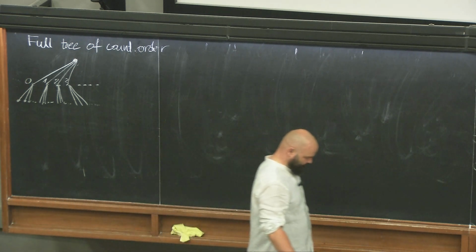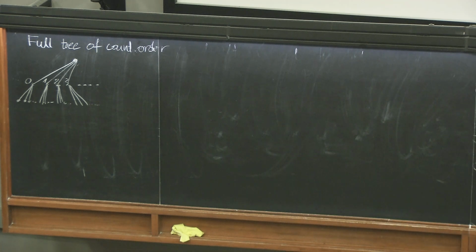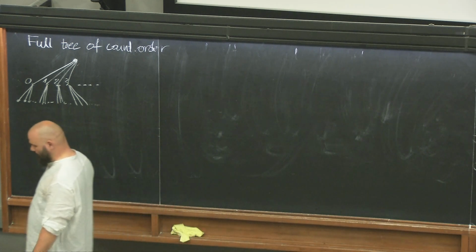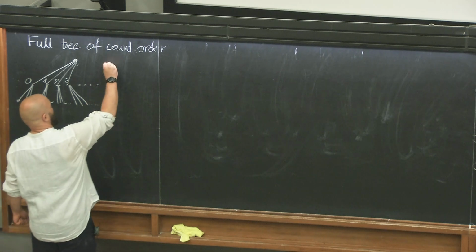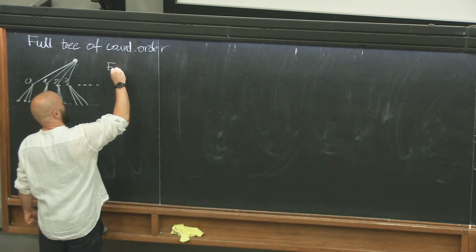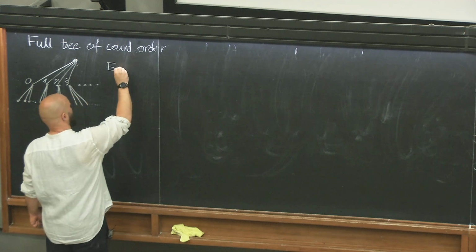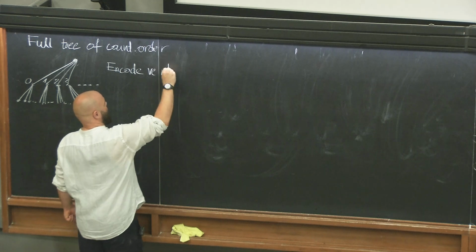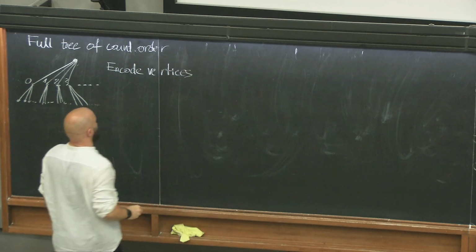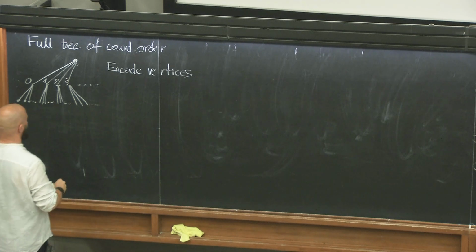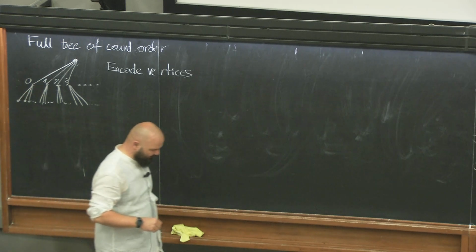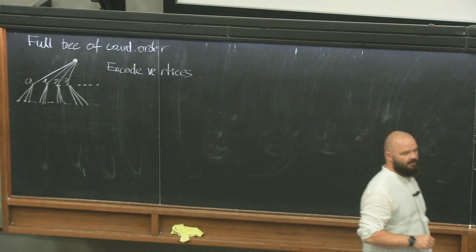And then how you can encode a full tree is that we encode vertices. There are countably many vertices on each level, and there are countably many levels, so there are countably many vertices.